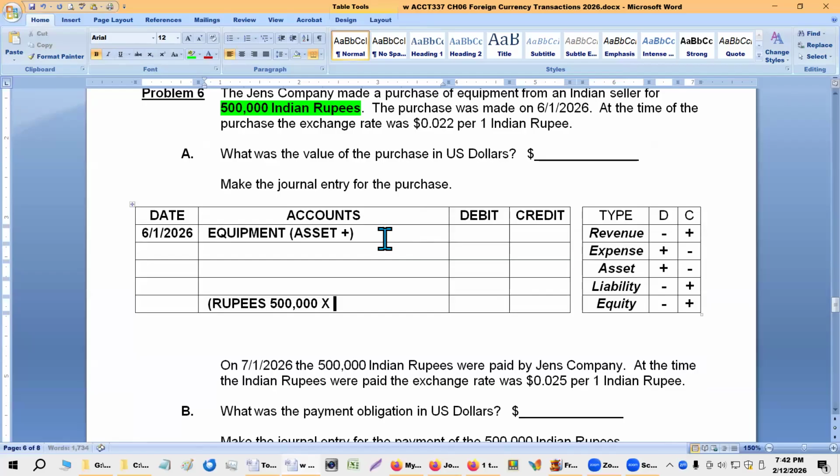But okay, times... Eleven thousand. I better use a calculator. Yep, 11,000. So we got $11,000 worth of equipment.